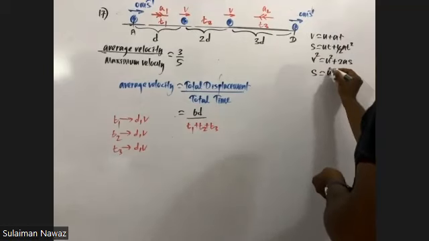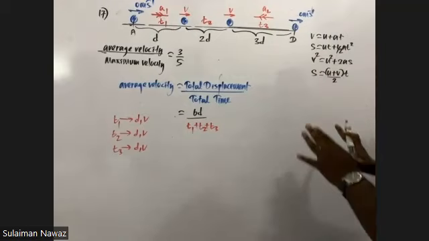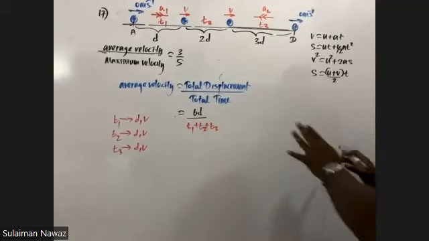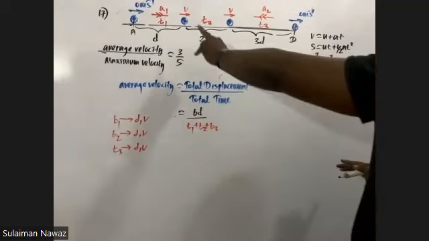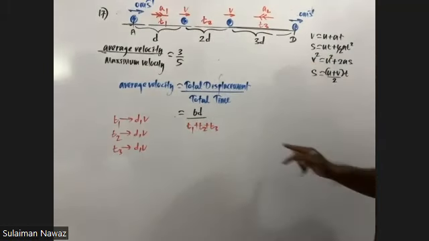So based on these linear motion equations, what I want from you is to find T1, T2, T3 in terms of D and V. Then when you substitute, you will get the answer.